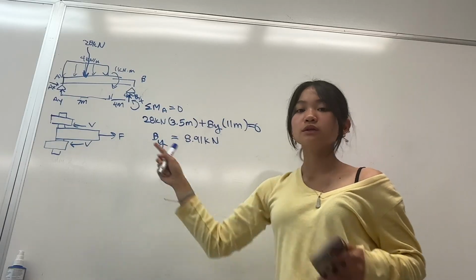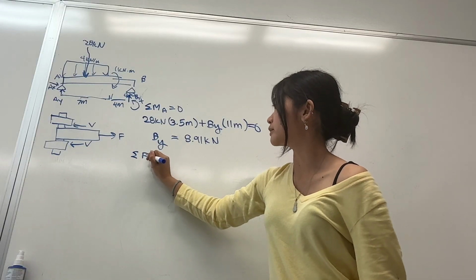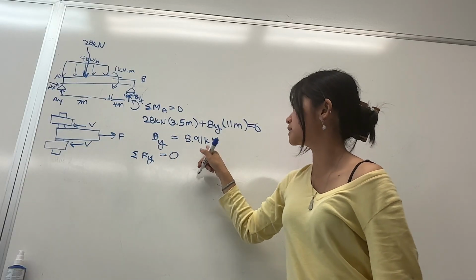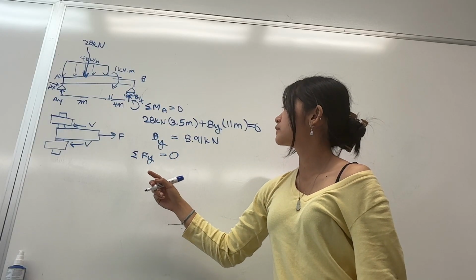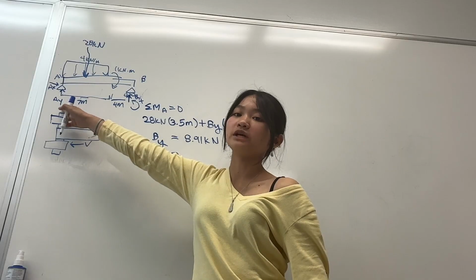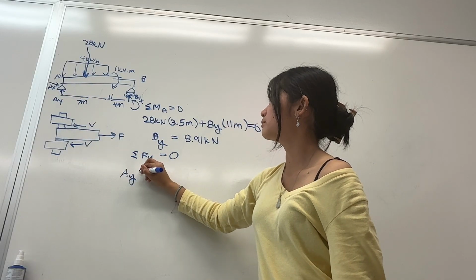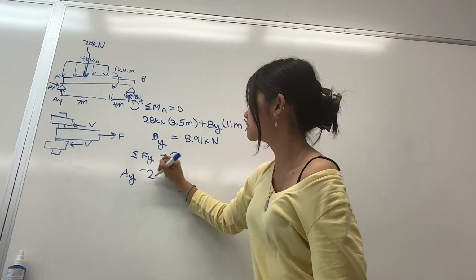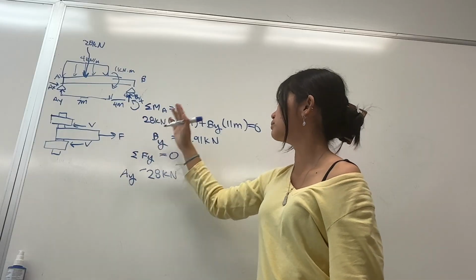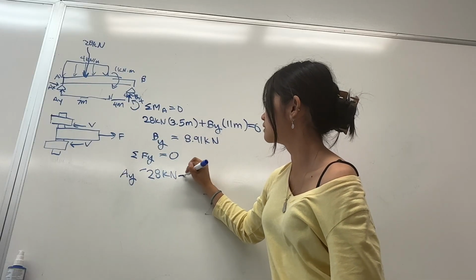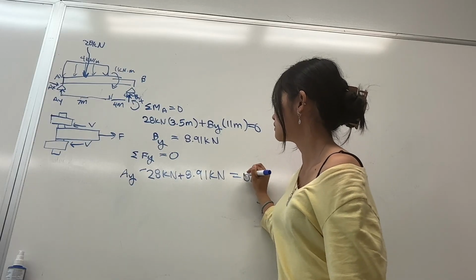And now we can solve for our other equilibrium equation, Fy equals 0, because now we have By. We have Ay missing, so Ay minus 28 kilonewtons, because it's our other vertical force, plus By 8.91 kilonewtons equals 0.